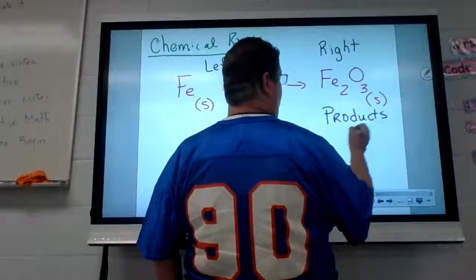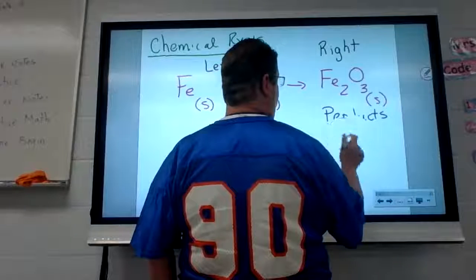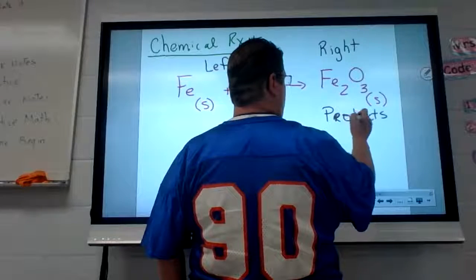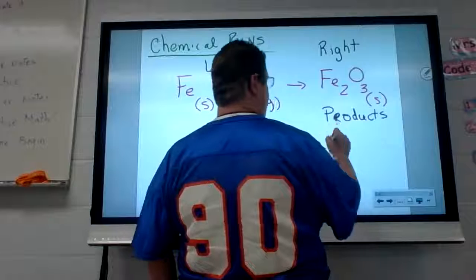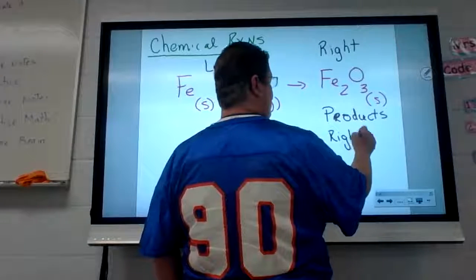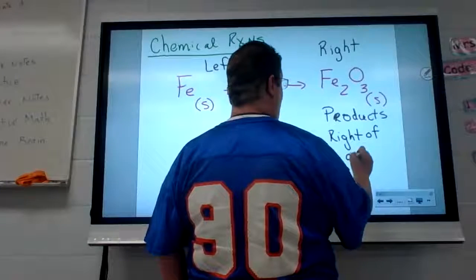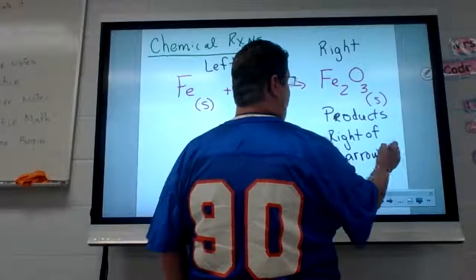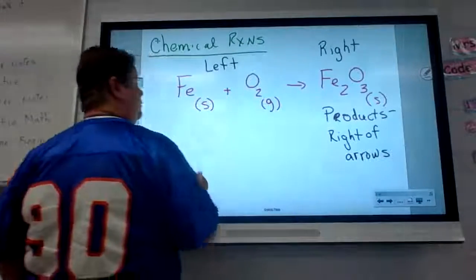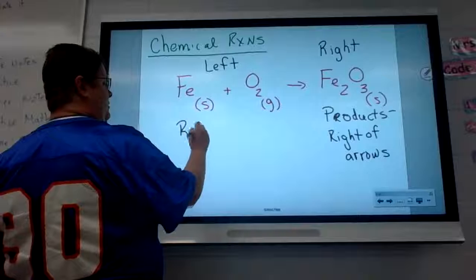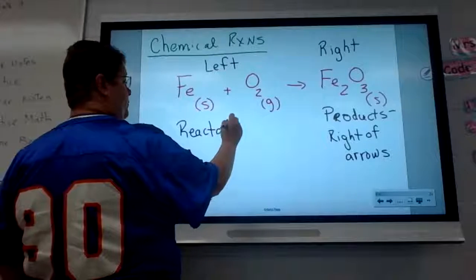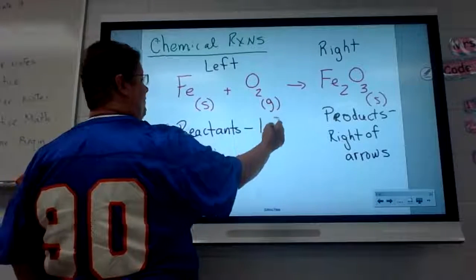The products are on the right, since I wrote right up there. It's on the right of the arrow. It doesn't matter how many compounds you have, but it's always the right of the arrow. The reactants are always the left of the arrow.